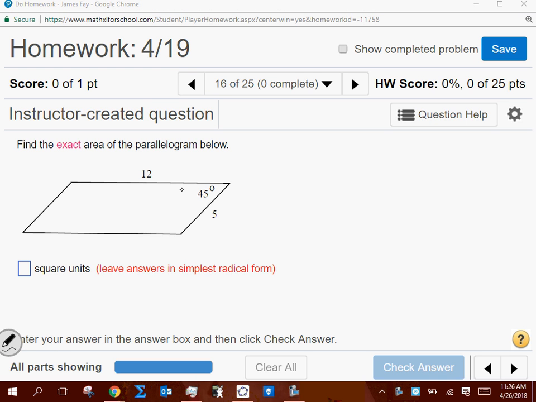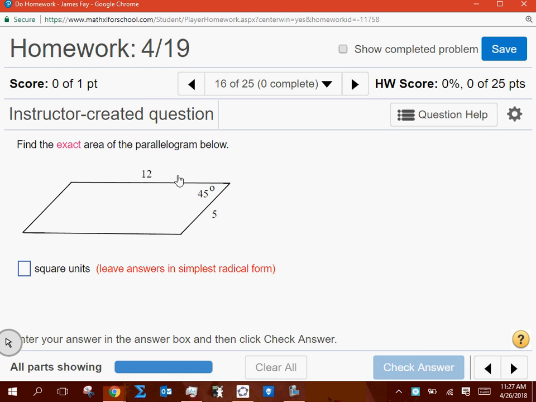Would you guys agree that that distance right there would be an altitude? That's the implied distance being provided. Now, with this being 45, do we have the ability to figure out what h is?